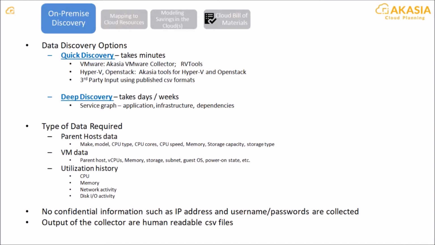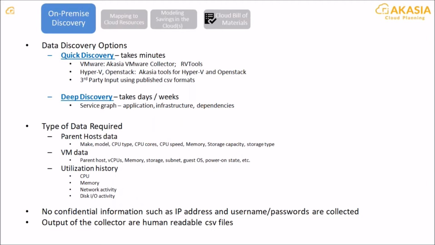So for those enterprises, what we do is we simply pull data from their existing monitoring solutions. So we're able to work with VMware, RV Tools, Hyper-V, as well as all your standard management tools. And we can also take third-party input using our published CSV format.